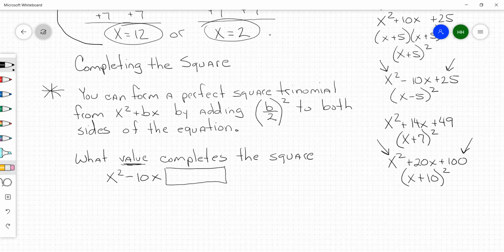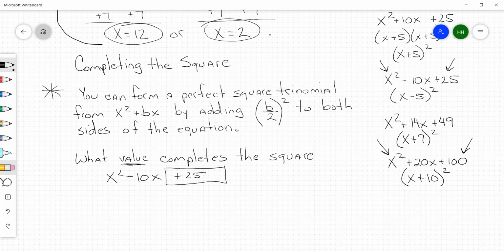Well, the rule we just wrote said that by adding b divided by 2 squared. So look, here's your b, your negative 10. What's negative 10 divided by 2? Good, negative 5. And what's negative 5 squared? Positive 25.